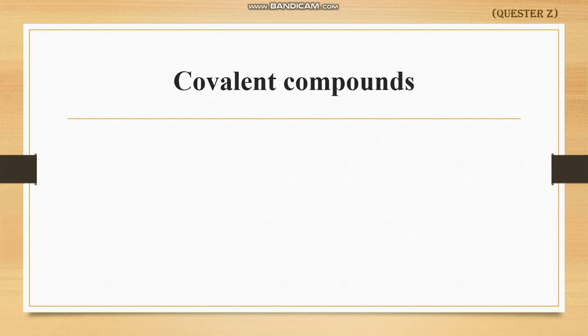Next, we have covalent compounds. Covalent compounds exist in molecular form. They do not transfer electrons; they basically share the electrons with one another. The elements present in covalent compounds are formed basically by sharing the electrons between them.